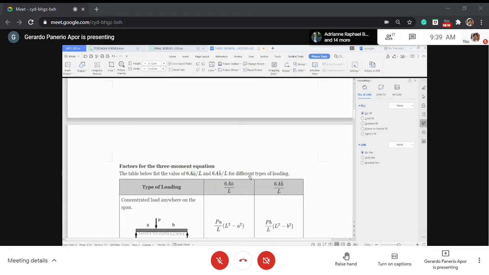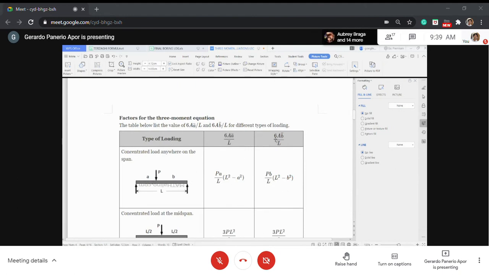So there are three columns. The first column represents the load case, the type of loading you have. There you can determine what the L, the a and the b are. The 6 A a-bar over L is equal to this, and the 6 A b-bar over L is equal to this.